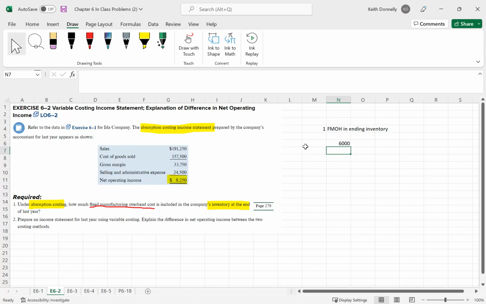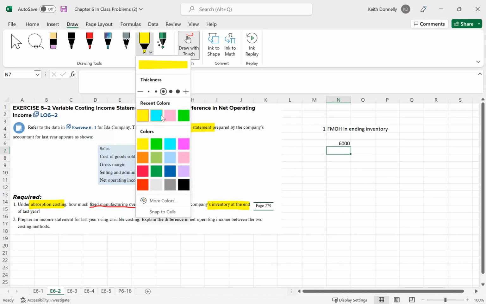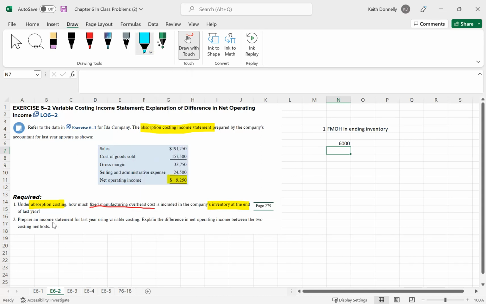All right, next one here is saying, can you please prepare an income statement using variable costing? Explain the difference in net operating income between the two costing methods. Okay, we can do this.